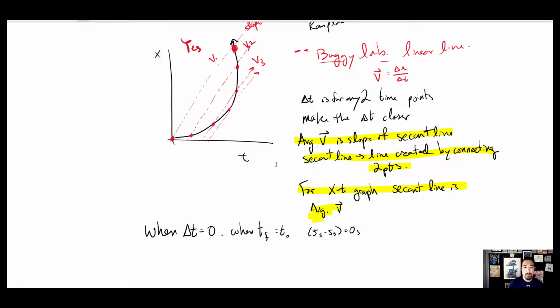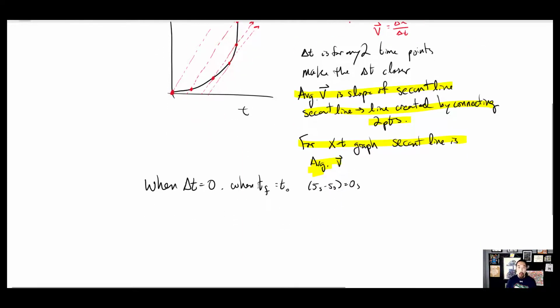Boom. I'm not going to define that yet as V4 because we need to now give this point a definition. When this happens, delta t is equal to 0. This is instantaneous time, or a moment of time.